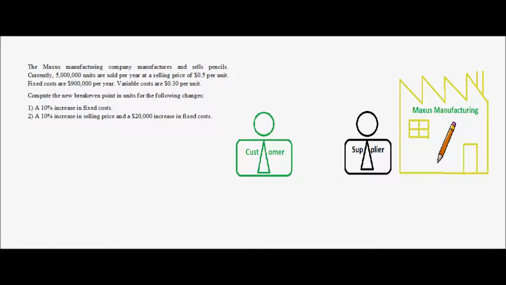First, a 10% increase in fixed costs, and second, a 10% increase in selling price and a $20,000 increase in fixed cost. So let's say this is the manufacturing facility of Maxis Manufacturing Company, which is in the business of manufacturing pencils.